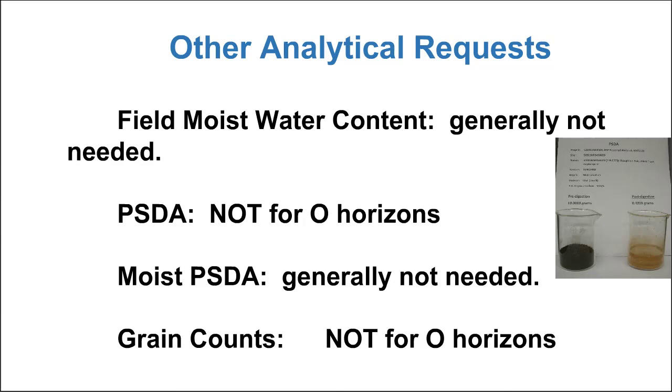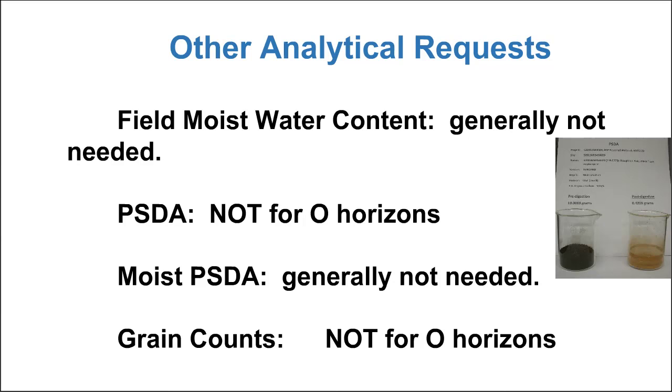But for any soil that ever dries out, there's little advantage to running moist PSDA. In fact, it's probably a disadvantage because we have more trouble getting a weight. We have to run 2 samples through, one to get a weight and one to actually run.